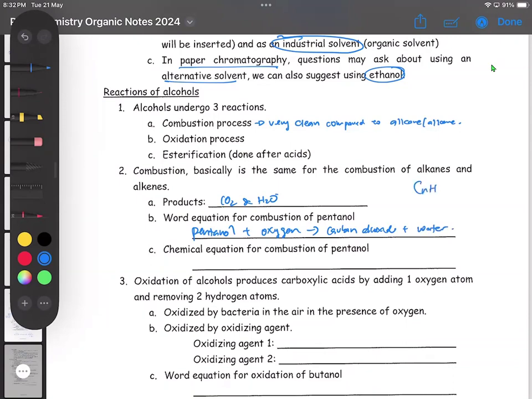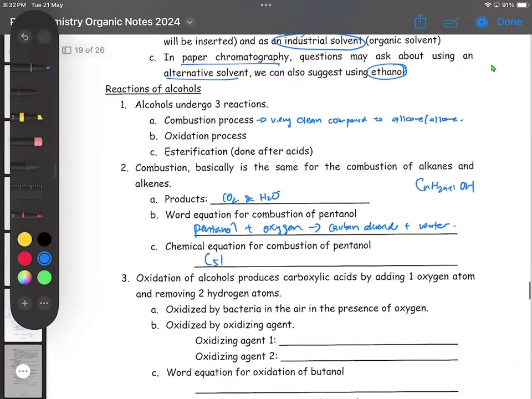The general formula was CnH2n+1OH. So for the pentanol equation, pent is 5, so it is C5H11OH plus oxygen to give us CO2 and water.